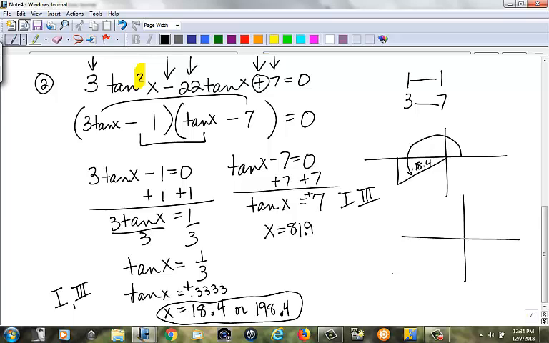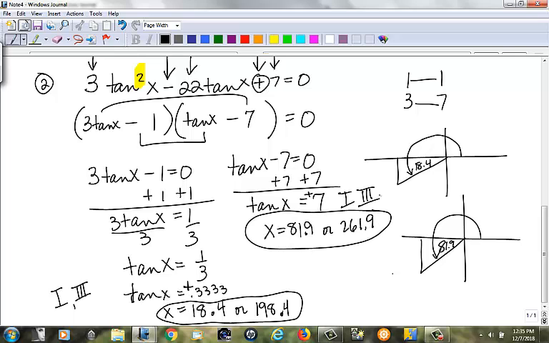And then the same thing, we need to be in quadrant 3. This is 81.9, so add 180, and you get 261.9. So for that problem, there's actually 4 answers. So you could take any of those 4 answers and go back and sub that x value in. It won't be exactly 0, it will be close because we've rounded our answers.